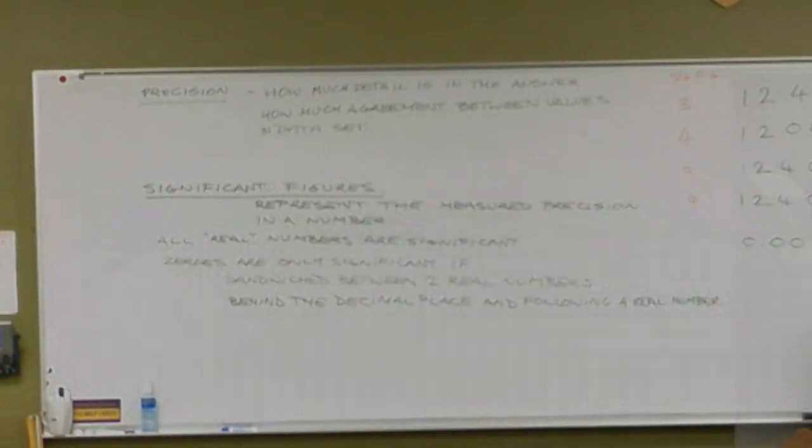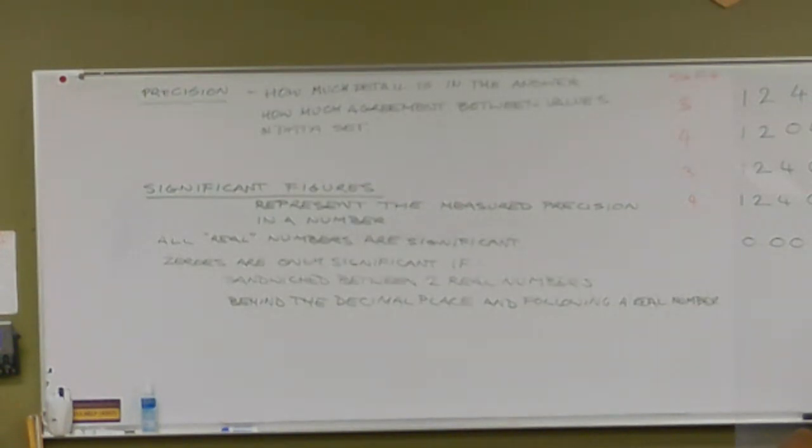How many units of precision? How many significant figures does that number have? Okay. Who else thinks it's 5? Who thinks it's 6? Oh, there are 6 digits on the page. Okay. Who thinks it's 7? If you think it's 7, you're not paying attention.